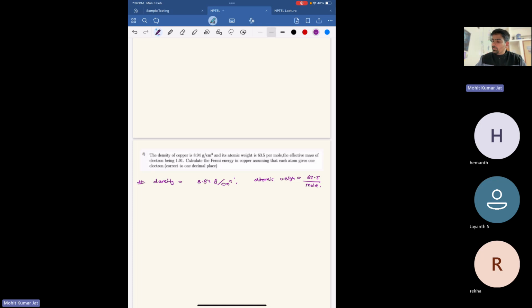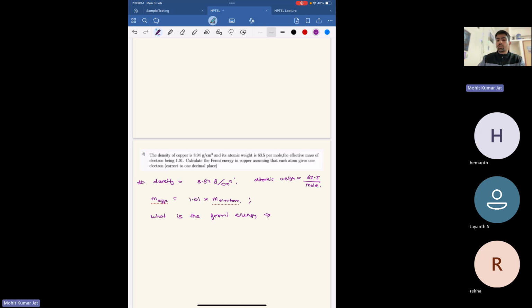And the effective mass of the electron, m effective, is 1.0 times the mass of a free electron. The question asks, what is the Fermi energy, given that each atom gives one electron? Then calculate the Fermi energy in the system.